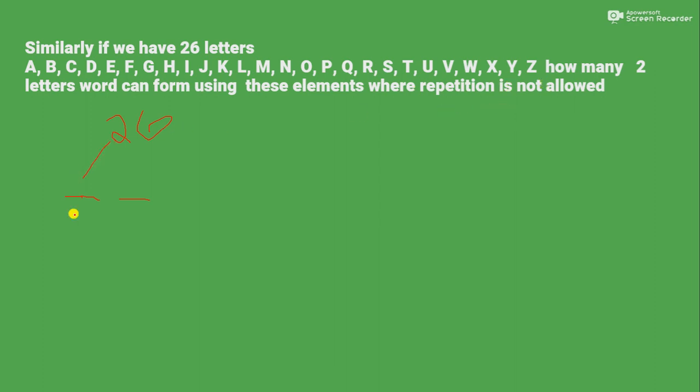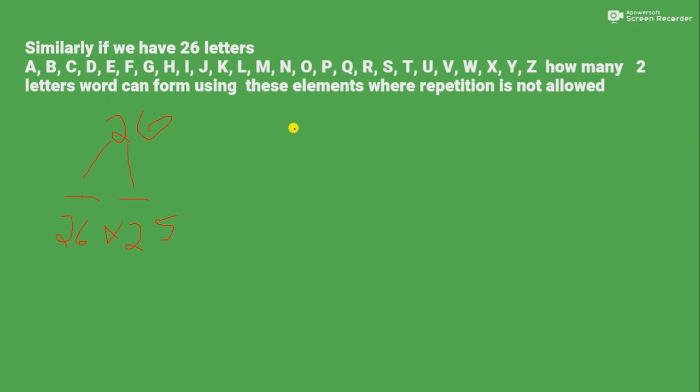For the first we have 26 choices, and since we have used one letter, for the second we have only 25 choices. So 26 into 25 is the total number of two-letter words we can form using these 26 alphabets. Here our problem is still simple and we can use our basic principles of counting.